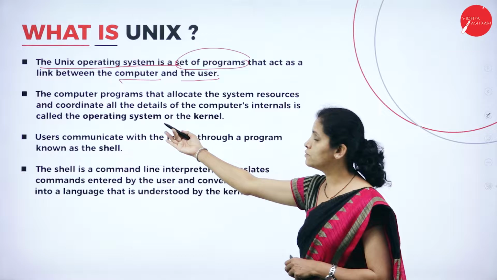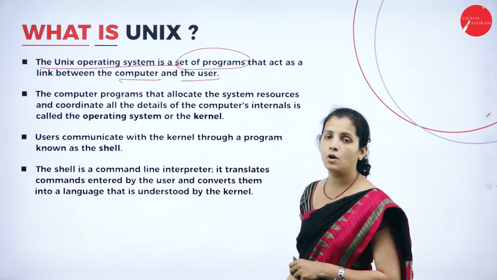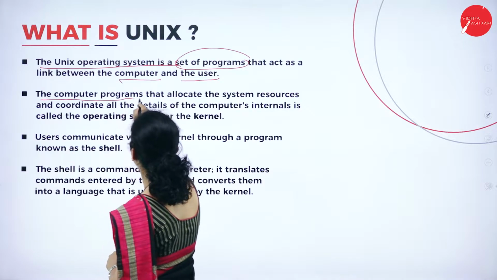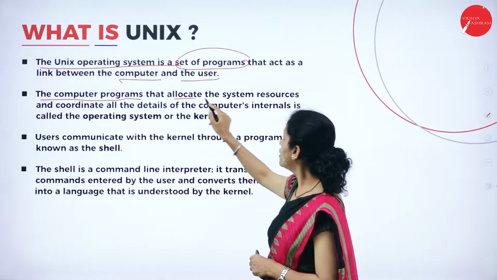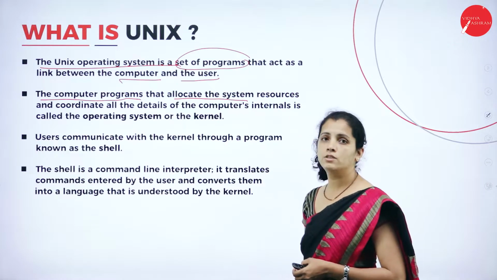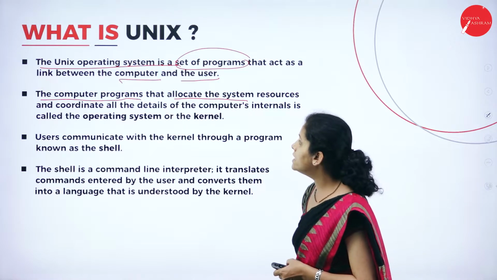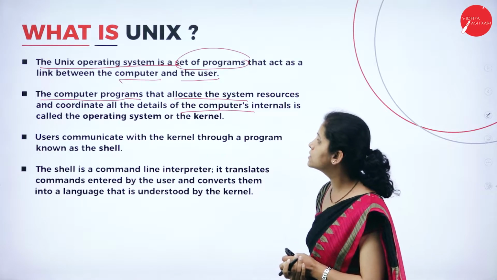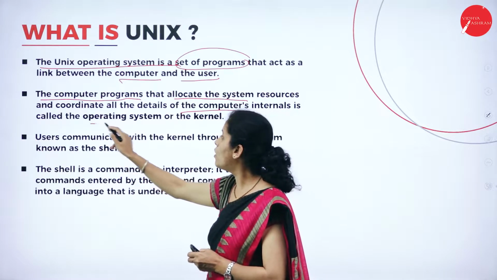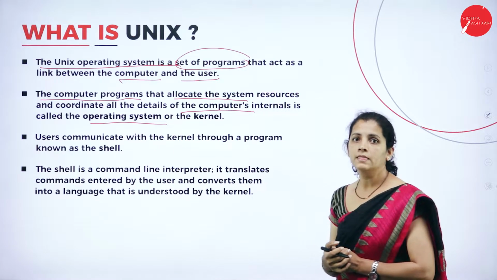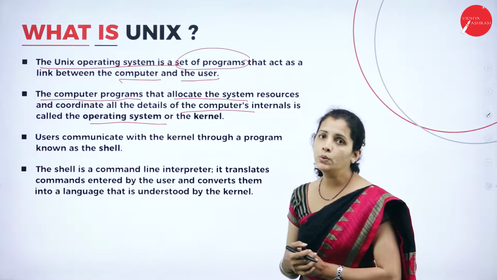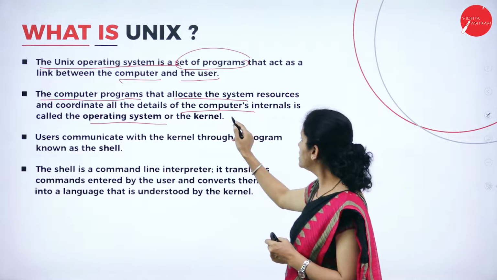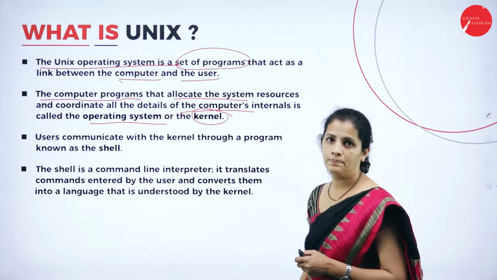It may be Linux operating system, Unix operating system, or Windows operating system. The computer program that allocates the system resources and coordinates all the details of the computer's internals is called the operating system or kernel. Now, the heart of the Unix operating system is the kernel.